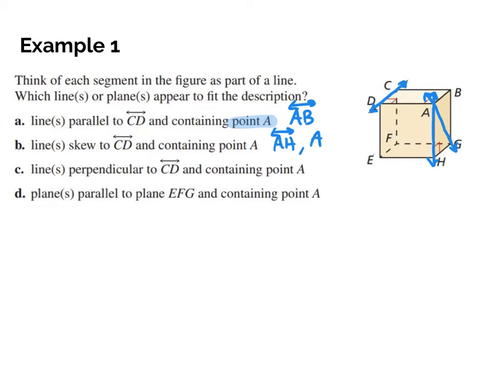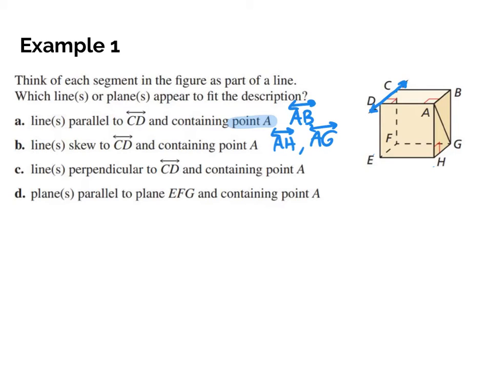So A to G would also be skew. And again, A to G lies specifically on the right side, and the right side is not the same plane as the top or the left. So again, skew means that they're not going to intersect, but they're also not in the same plane. A little bit sassy there, folks, but classy at the same time.